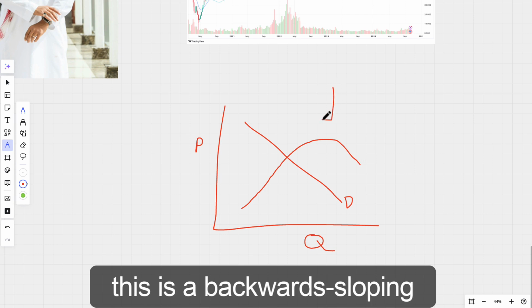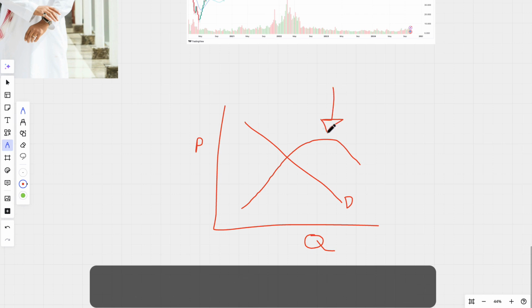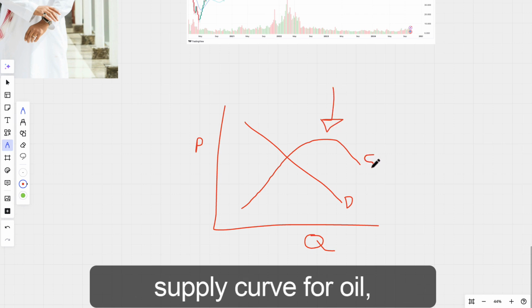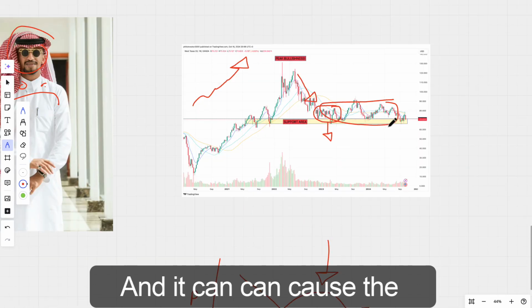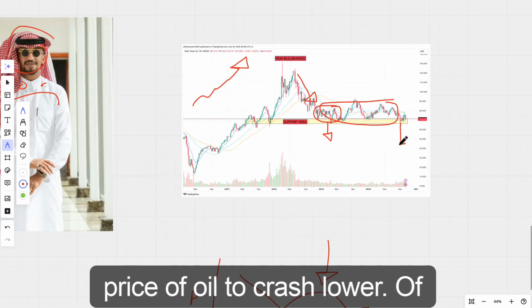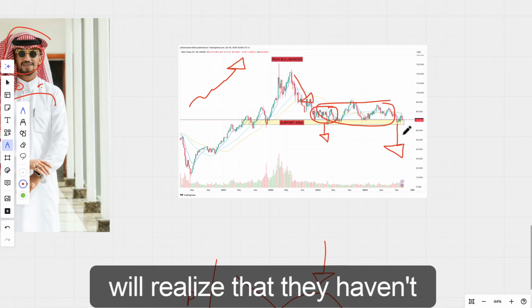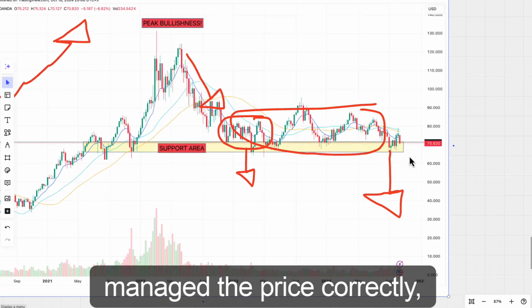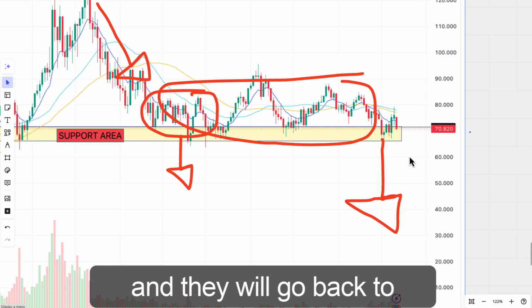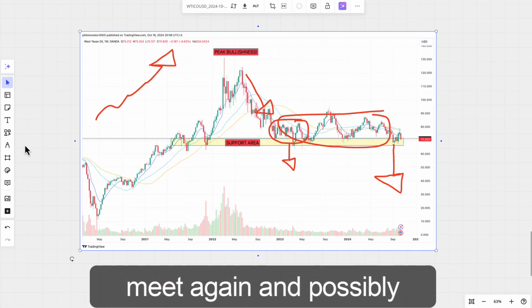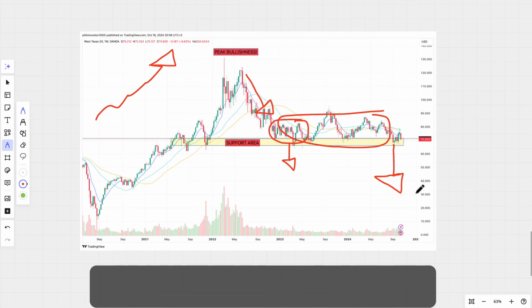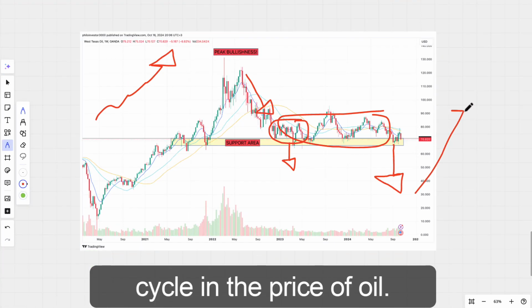So this is a backward sloping supply curve for oil, and it can cause the price of oil to crash lower. Of course, at that point, they will realize that they haven't managed the price correctly, and they will go back to meet again and possibly start another cycle in the price of oil.